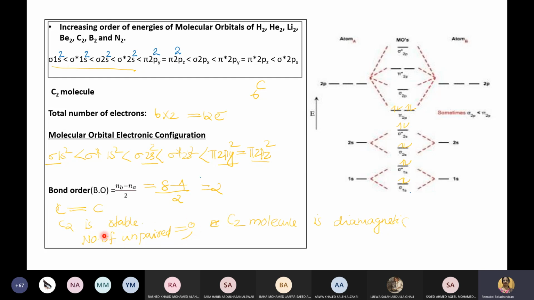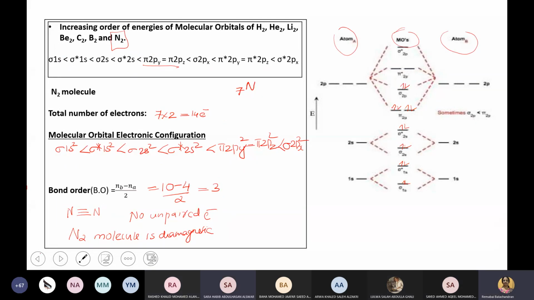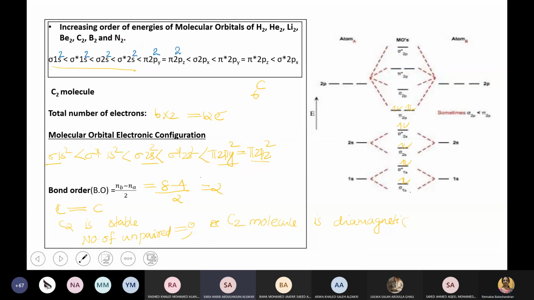How many unpaired electrons are there? 0. So the molecule is? Diamagnetic. Why is it diamagnetic? There is no unpaired electron.